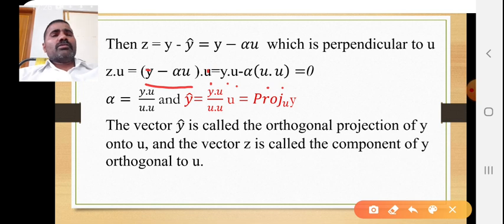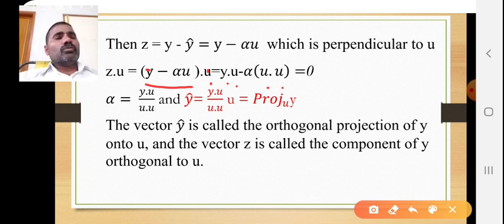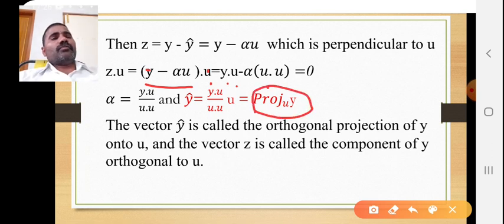And then we have y cap is equal to alpha u, where alpha is nothing but y dot u by u dot u. Therefore, y cap is (y dot u by u dot u) times u, which is written as projection of y onto u, which is read as projection of y onto u.